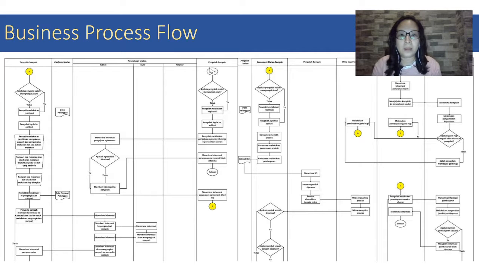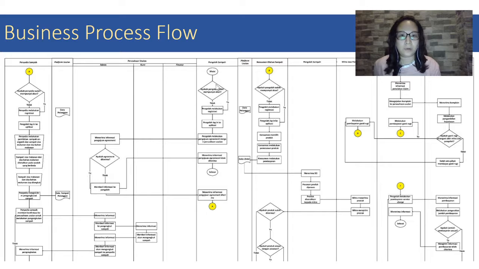Then you will need to define the beginning of the process. You put the start here. There are some notations that you can use. The diamond notation is used to define if you have any decision to make. For example, you want to check whether the customer is already registered or not, then you can use the diamond notation.